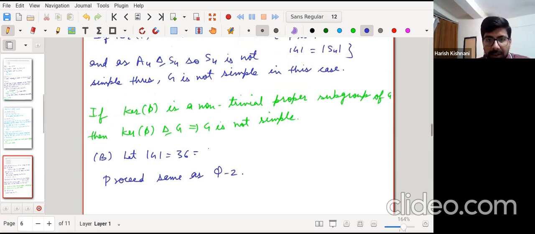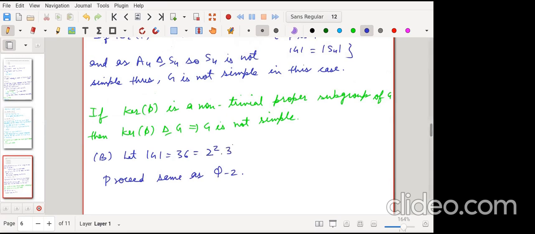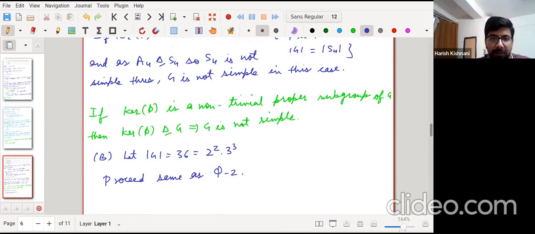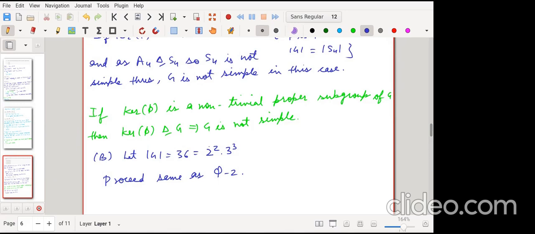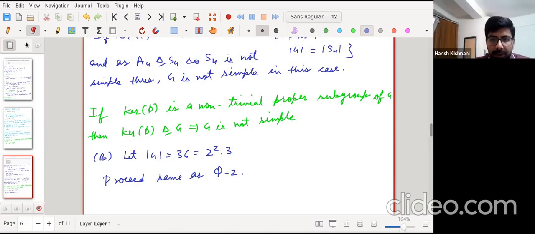Because 36 is 4 times 9, so you just have one less power of 2, but you still have both the options, and N3 can be one of 1 or 4. Yes, thank you, Shalini. So you still have the same options for N3, right?